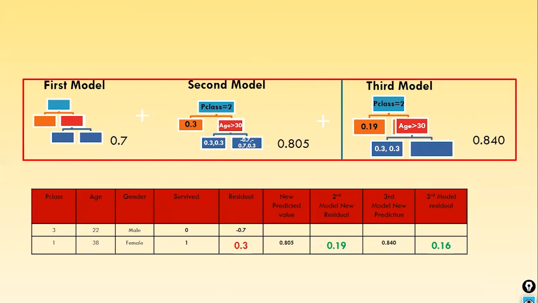With this, we understand it started with the base model and iteratively created weak learners in sequence. In each iteration, the residual values are dropping. It's all because combining all the weak learners results in a strong model, which results in reduction in residual. Initially it was 0.3, 0.19, and 0.16.